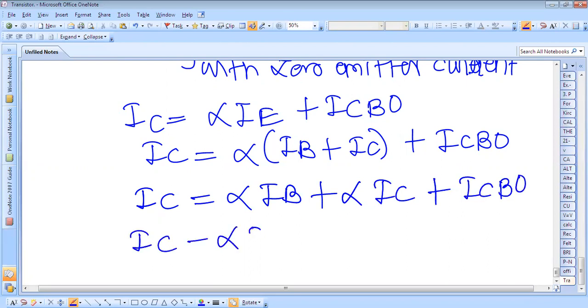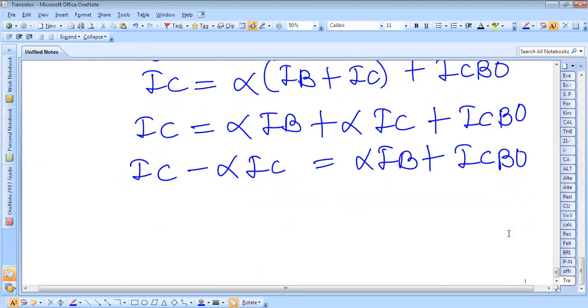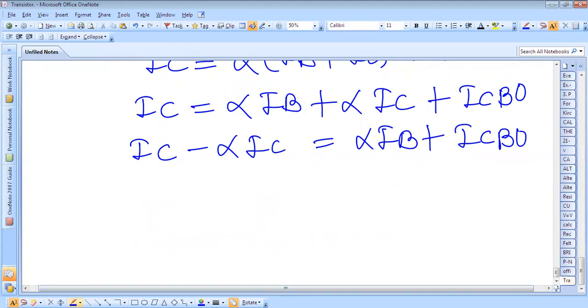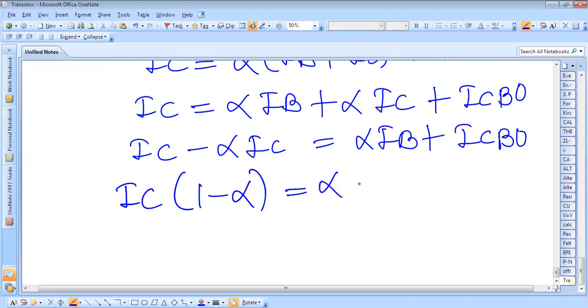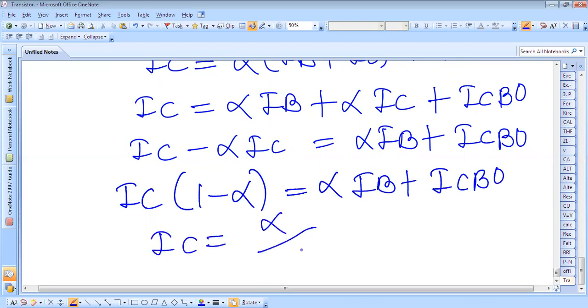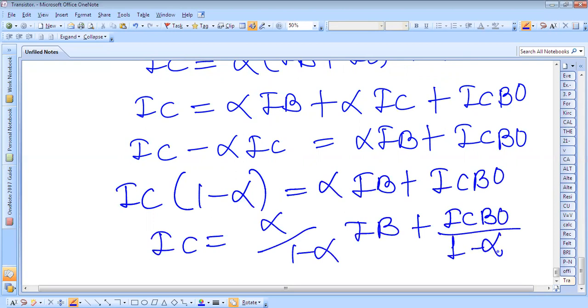IC minus alpha IC is equal to alpha IB plus ICB0, and therefore IC times 1 minus alpha is equal to alpha IB plus ICB0, and therefore IC is equal to alpha upon 1 minus alpha IB plus ICB0 upon 1 minus alpha.